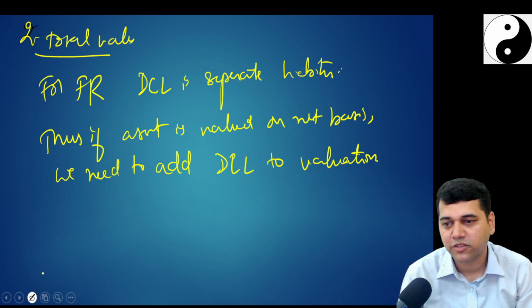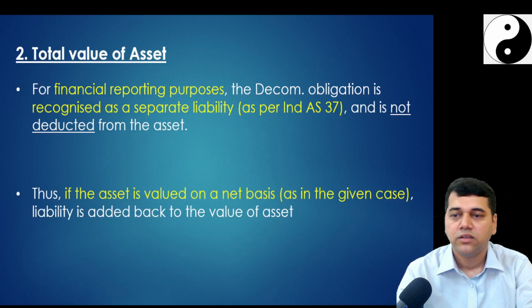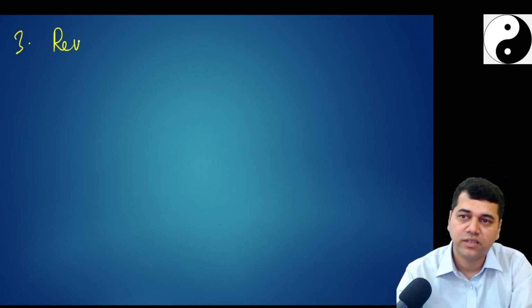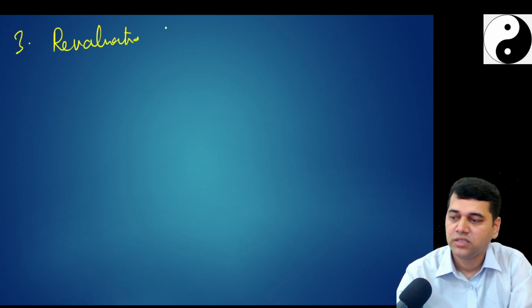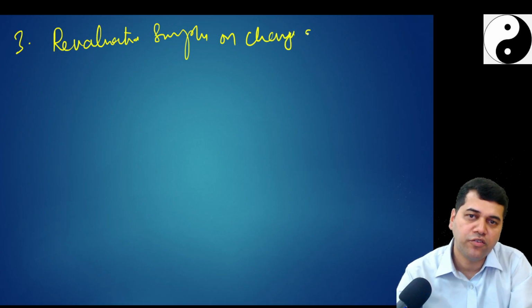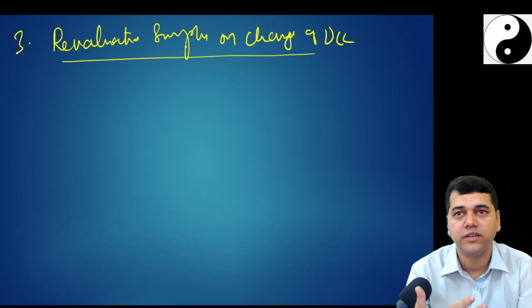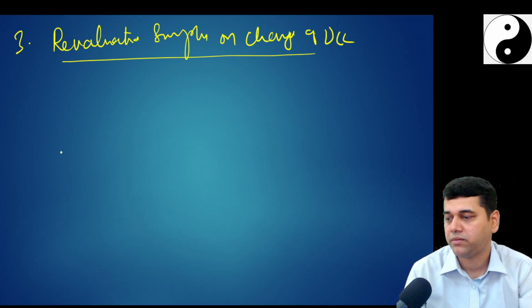Okay, so now you explain like this: total valuation of the asset, revaluation surplus. Third, revaluation surplus on change of DCL. If the liability is going to change, what is going to happen?